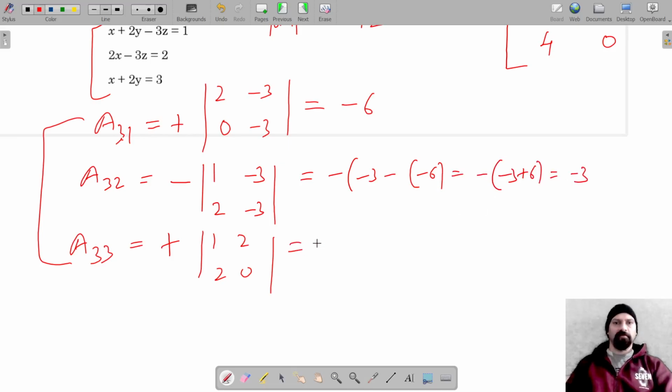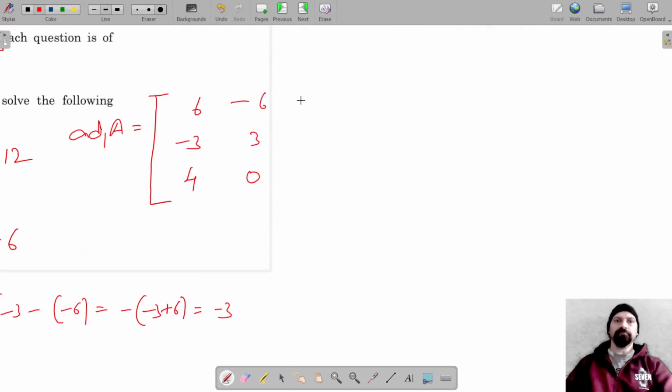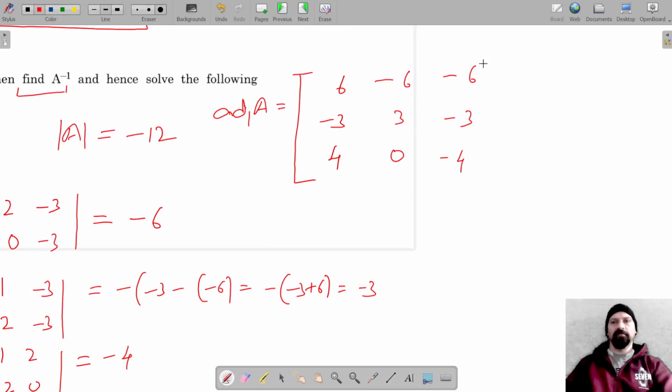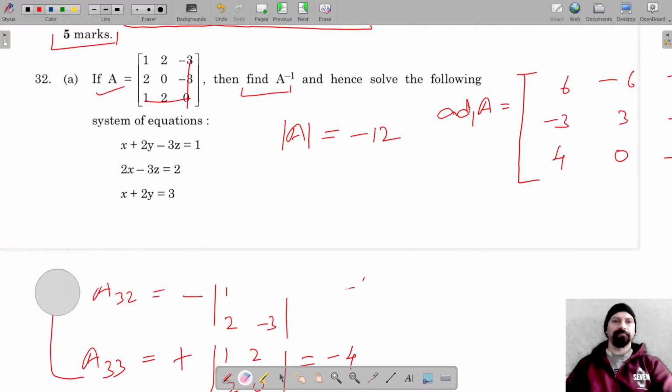And this is negative 4. So negative 6, negative 3, and negative 4. This is the adjoint. So we have got the adjoint of A: 6, negative 6, negative 6, negative 3, 3, negative 3, 4, 0, negative 4. And let's find out now the A inverse.